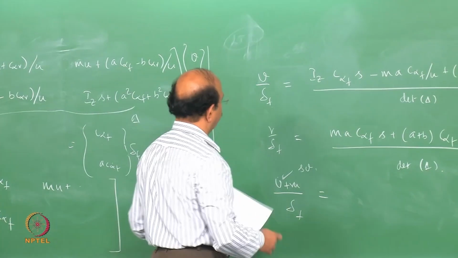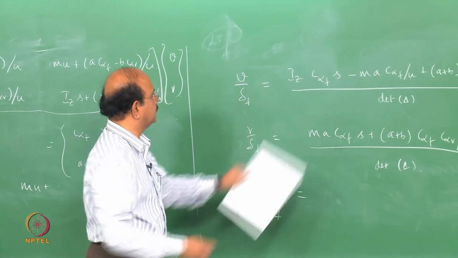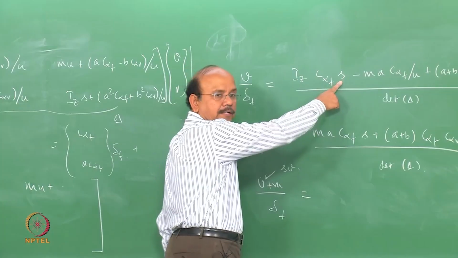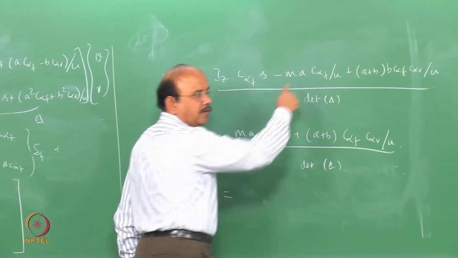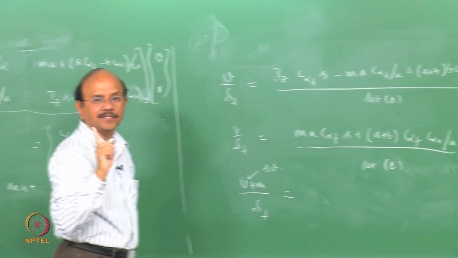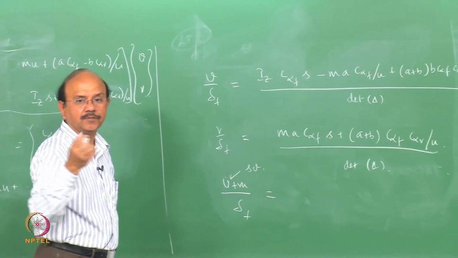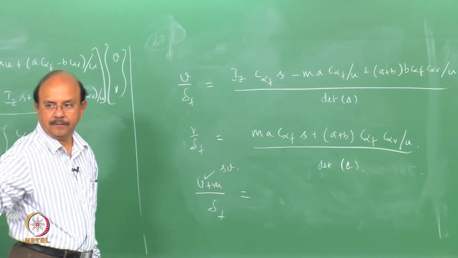Look at this SV, so Iz C alpha F S squared, minus m into A. What is A? A is not acceleration. Remember that A is the distance from the CG to the front axle.